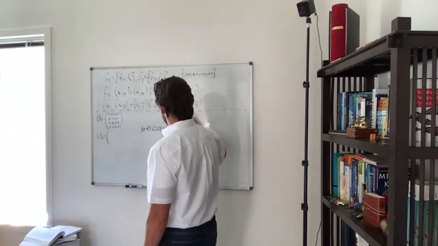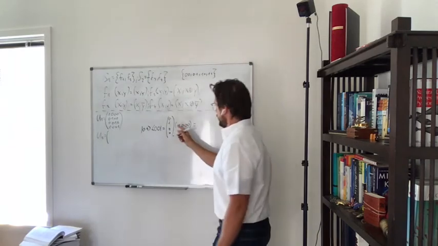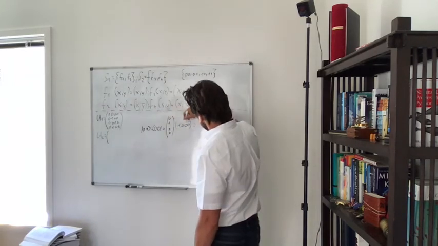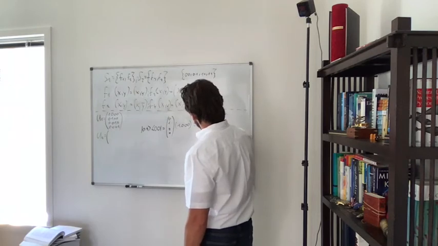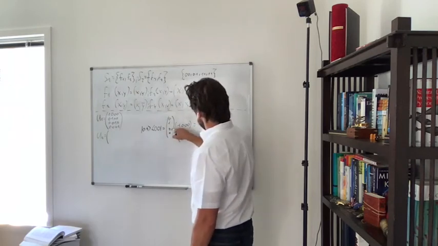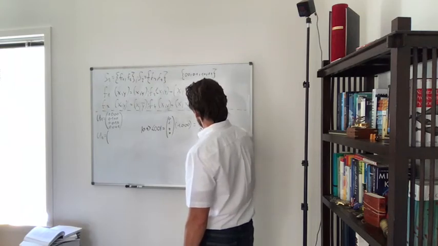And here I have 0, 0. If you multiply that out, you get zeros for the first one, 1 times 1, and zeros for the last one. Here another 4 zeros. Here another 4 zeros.